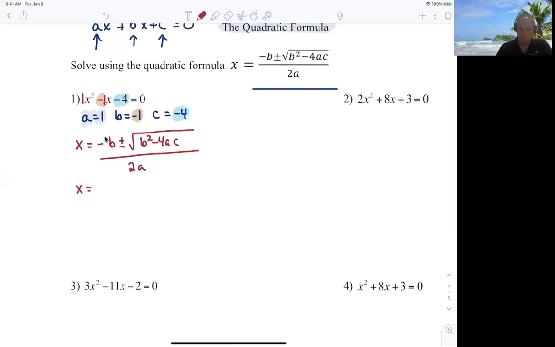So x is equal to -b plus or minus the square root of -1 squared minus 4 times a times c, all over 2 times 1.